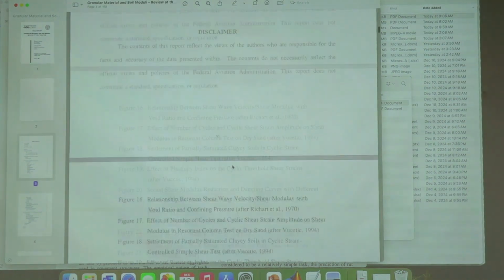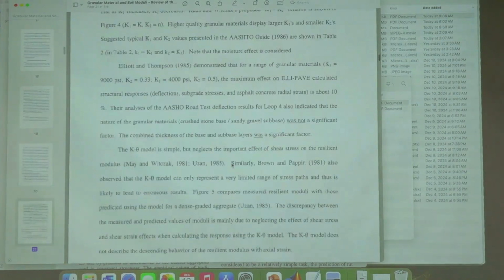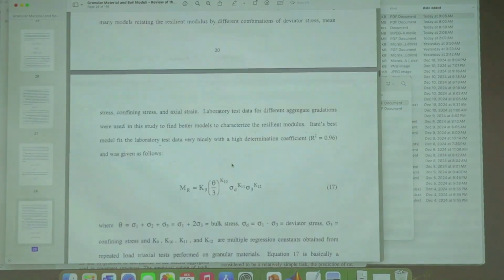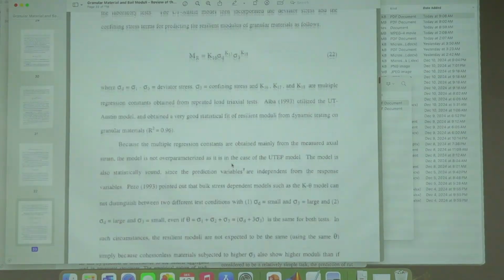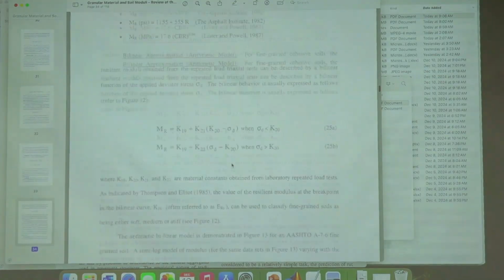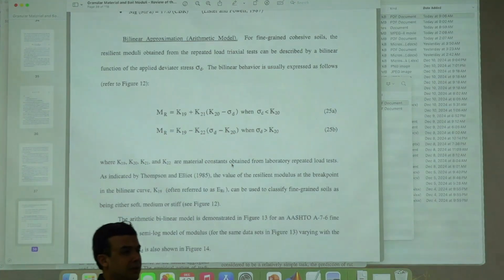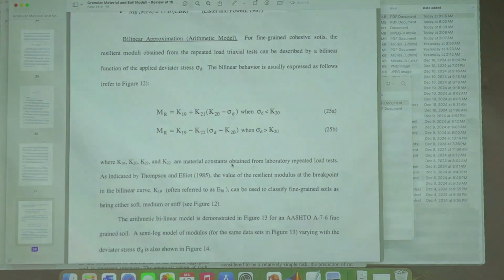It goes into all the models of resilient modulus and discusses the details of them. What are the significant parameters? How were they developed? What are the advantages, what are the disadvantages and stuff like that. So if you want to write a literature review on this kind of thing, this is giving you 70 to 80% of the information. Excellent reference. I shared this with you as well. So again, read this.